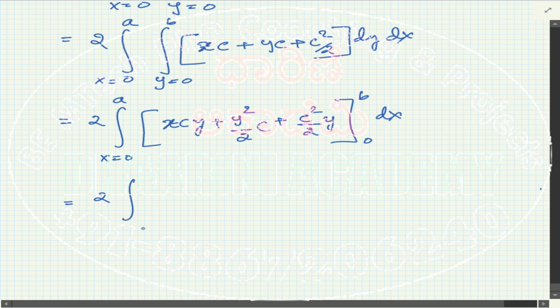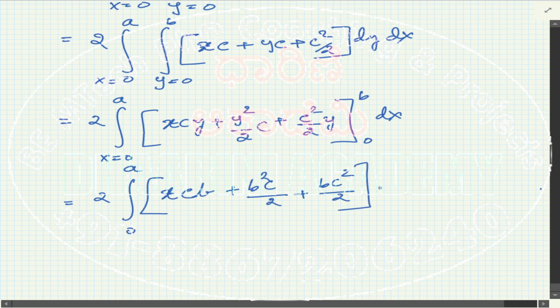This is equal to 2 times x is 0 to a. Substitute the value of y. So the first term becomes xc into b plus b square c by 2 plus bc square by 2, whole multiplied by dx.